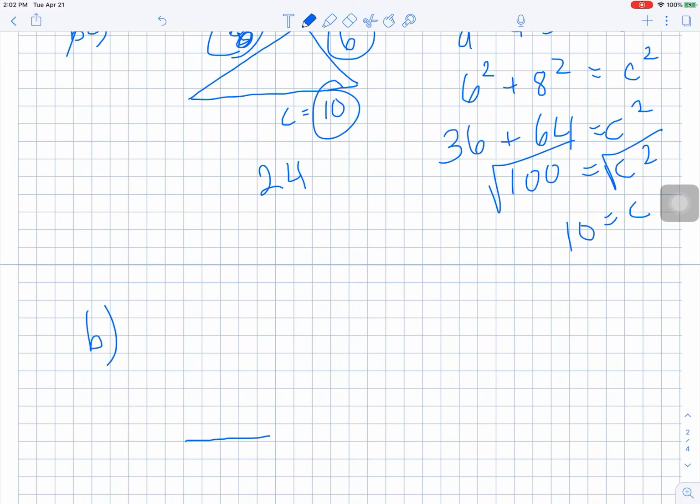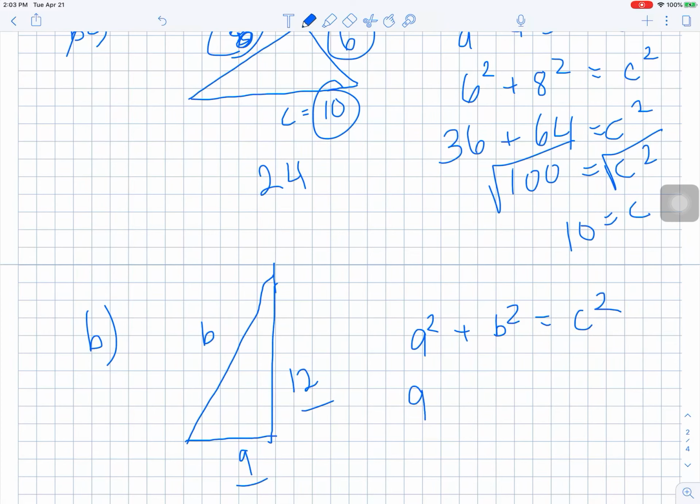All right, let's move on to the next one. Hopefully I'll copy down the right one now. It's got a 9 and a 12, and then we have our hypotenuse, which is C, over there. And they're trying to fool you around by calling it B. All right, so let's take a look. A squared plus B squared equals C squared.